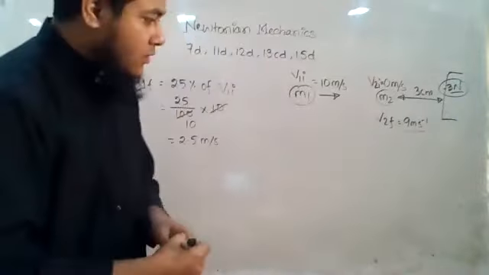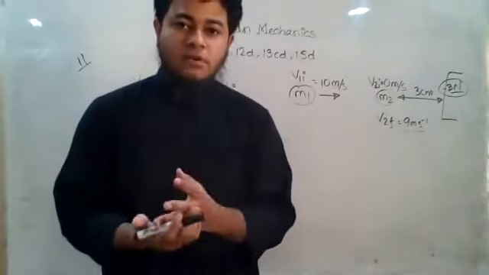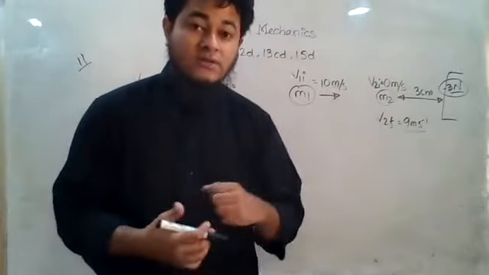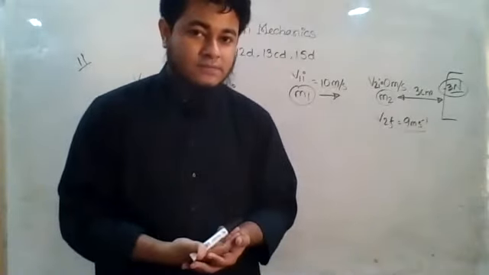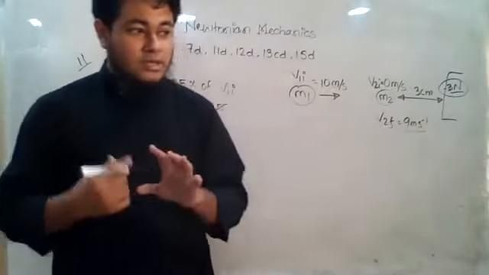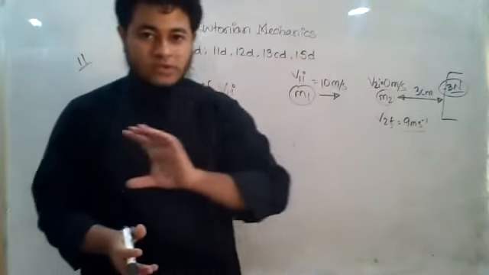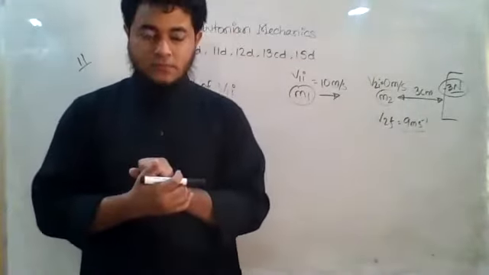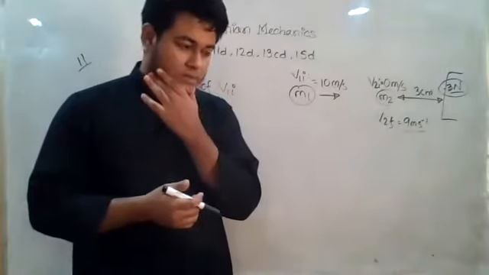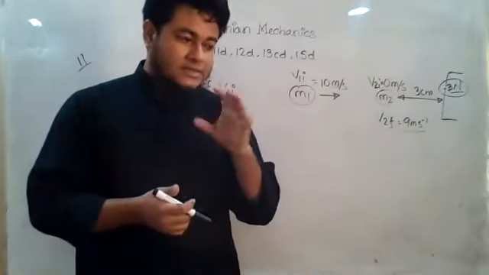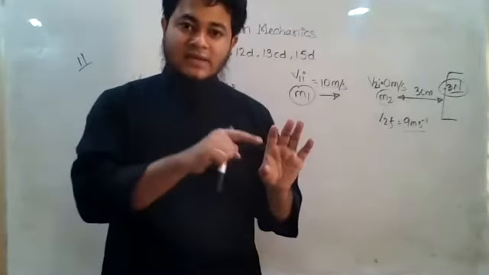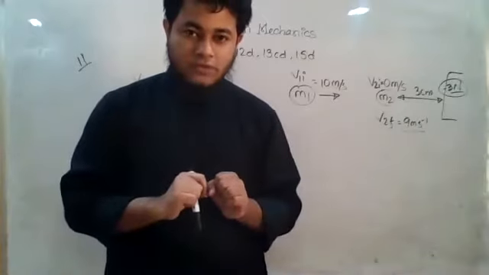Now I gave you the example for potential energy. What if I talked about the kinetic energy? Let us say a certain body was moving with a certain velocity. As it has a velocity, I can calculate the kinetic energy from here.